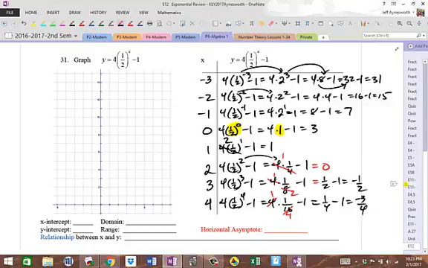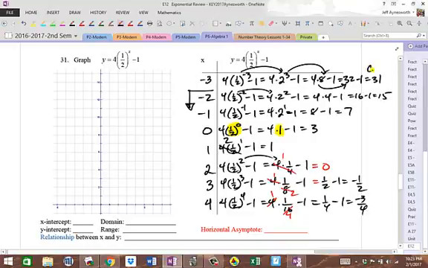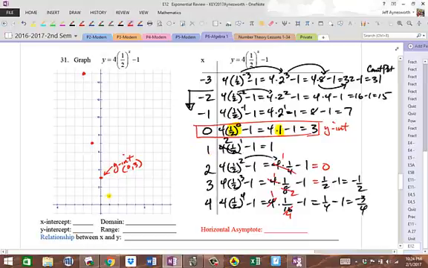Okay. I can't plot this, so I'm going to graph from here down. So left 2 up 15 in red. And then left 1 up 7. 0, 3, this is your y-intercept. 1, 1, 2, 0.